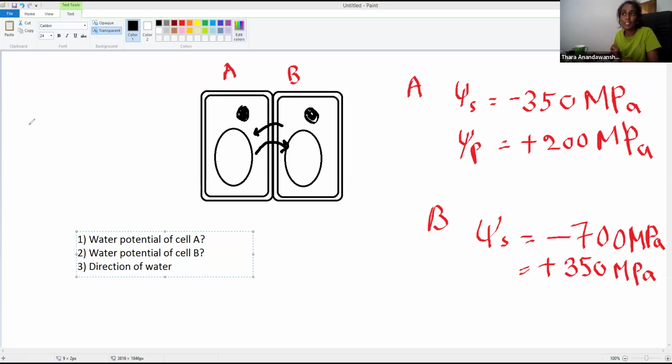Water will move until an osmotic equilibrium is reached. At the osmotic equilibrium, remember very well, the water potentials of the two cells become equal. Understood? Yes, teacher.